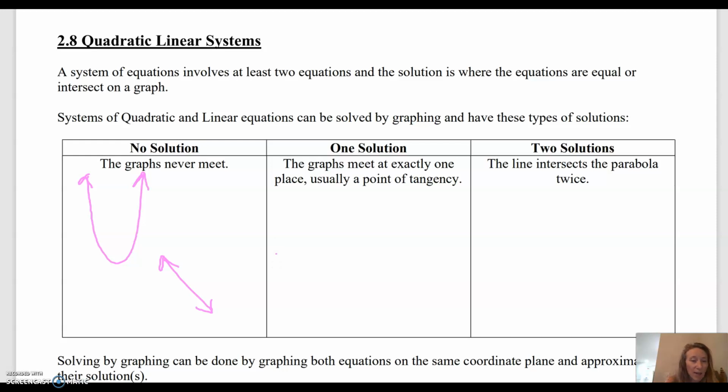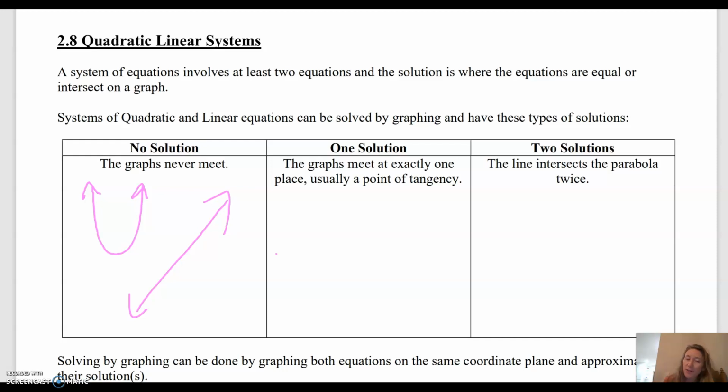Where is this line heading? And so you have to remember that lines continue, and so if it does, you're going to want to keep graphing. So something that would obviously never meet, for example, there's that large amount of space between the line and the parabola.